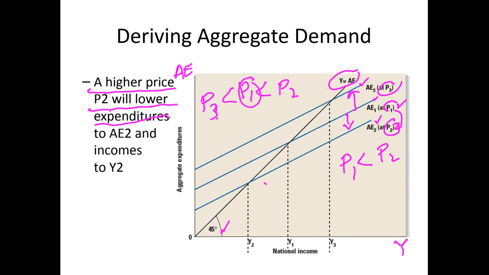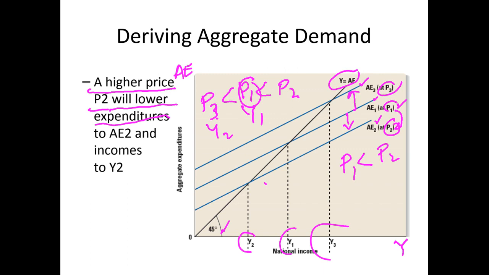Okay. Similarly, at all these three prices, you have equilibrium income. At P1 you have Y1, at P2 you have Y2, and at P3 you have Y3.